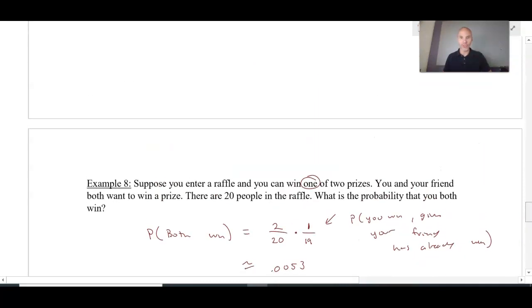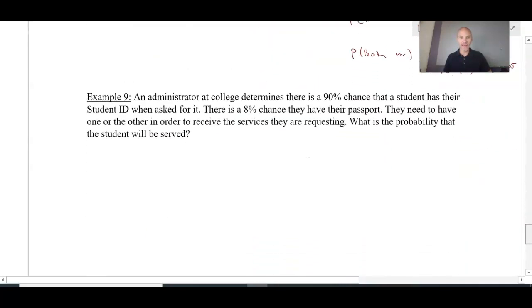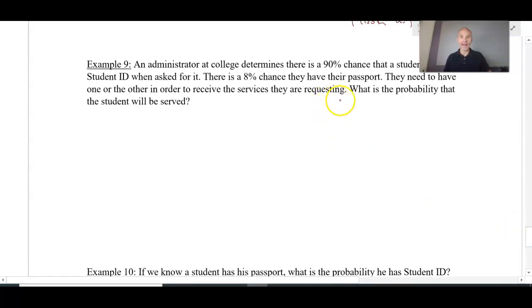Well, I'm going to introduce you to a way of actually figuring out all the possible outcomes here for a student. So a student, I'm going to draw a little tree diagram, will either have their ID, and I'm just going to refer to that as I. So you either have your ID or you do not have your ID.